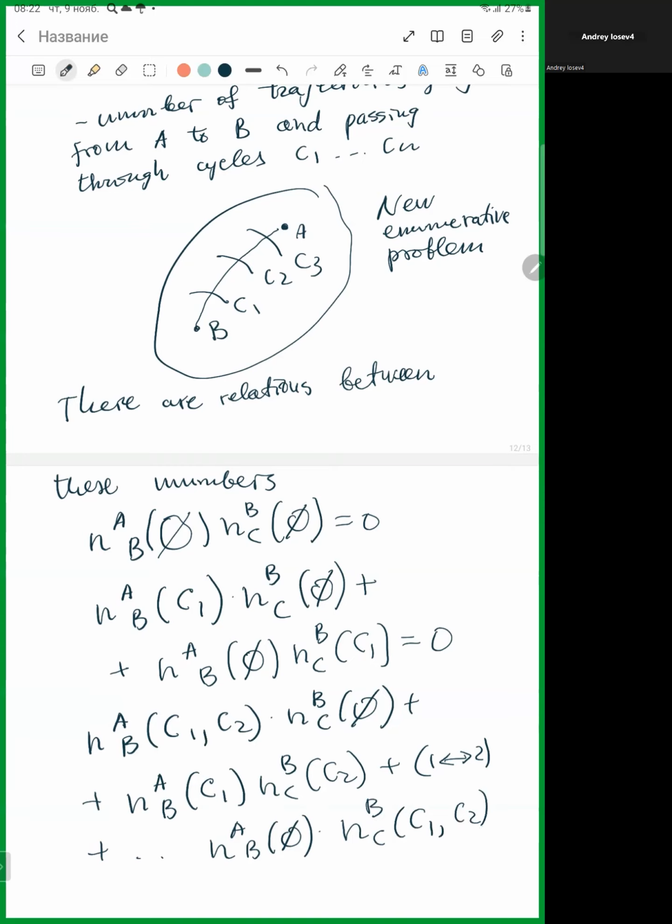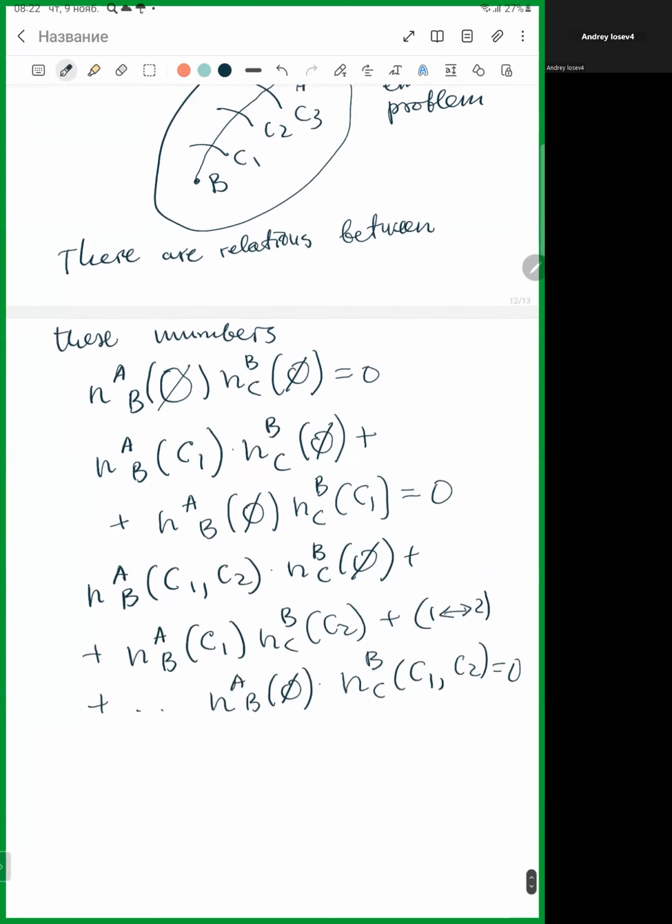So here is a comma. So there are new numbers and quadratic relation.